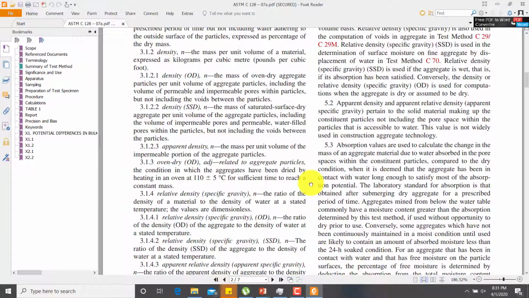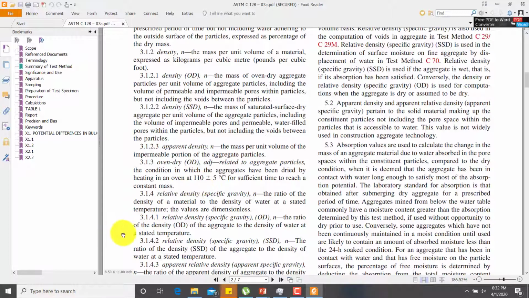If we draw the curve between the weight loss and the time, the curve must be stable at some instant of time while heating at 110 degrees Celsius. That constant weight must be taken as the oven dried weight.